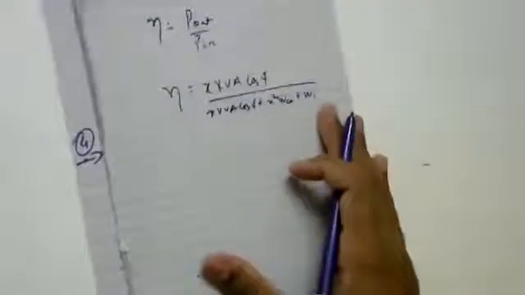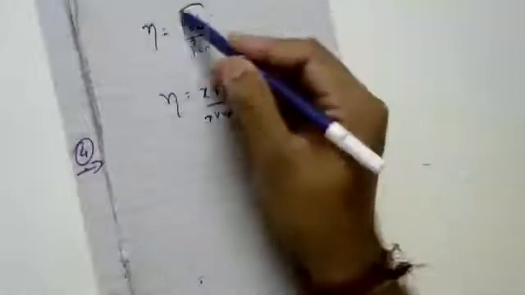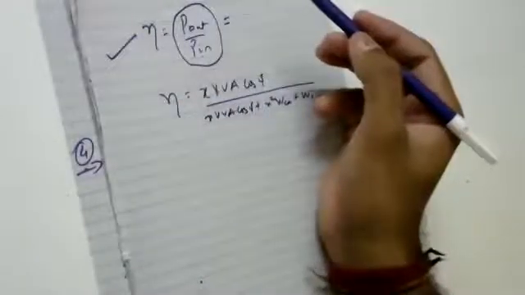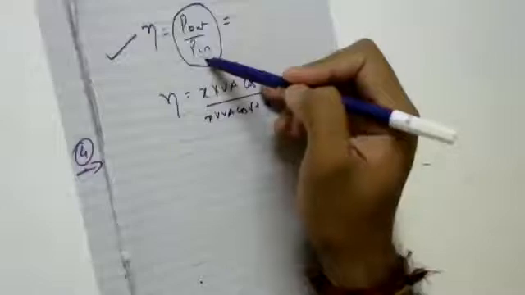So why are we considering this equation only? Because, my dear student, in this you know exactly what your output power is, exactly what your input power is. Then we can compute this efficiency. But now I don't have sufficient information of output power and input power.